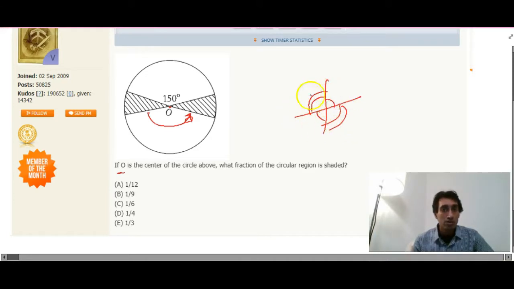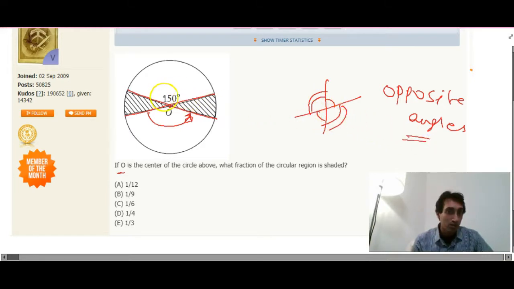So if I use this fundamental, that opposite angles are always equal when two lines intersect, then I see this line and this line, both of which pass through the center, so they have to be diameters, but I will not deal with that. I will only deal with the fact that opposite angles when two lines intersect are equal.